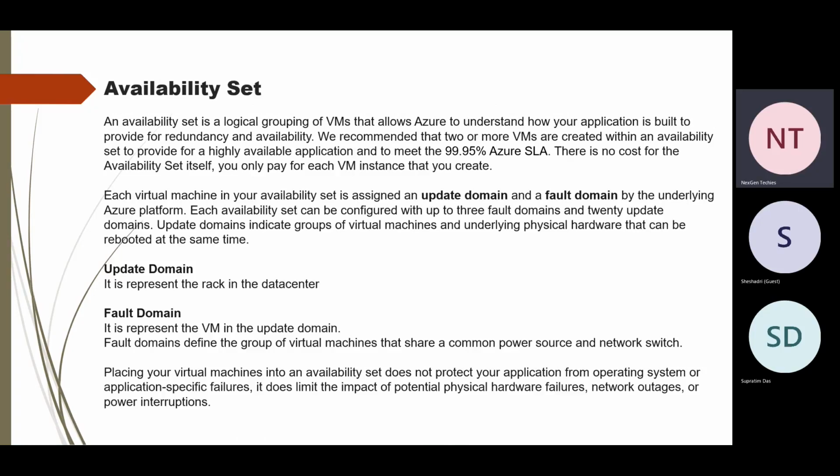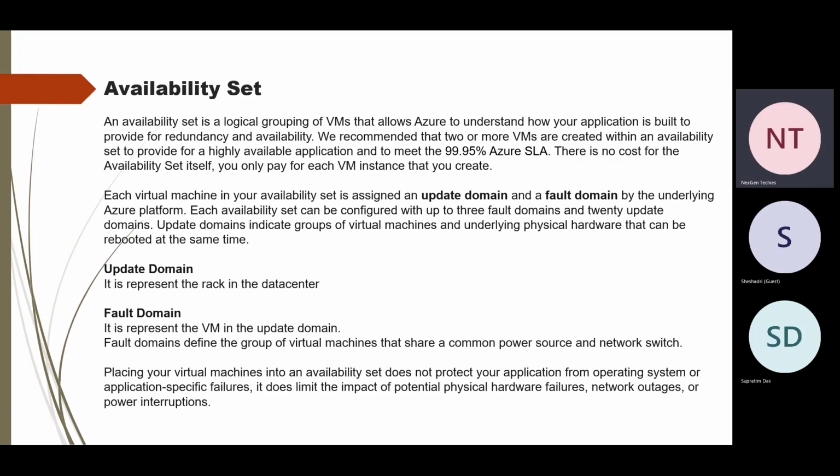Now, availability set. What is an availability set? An availability set is a logical grouping of VMs that allows Azure to understand how your application is built, to provide redundancy and availability. So availability set is also used for high availability purposes.